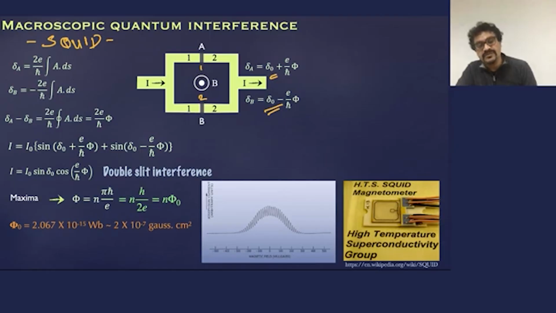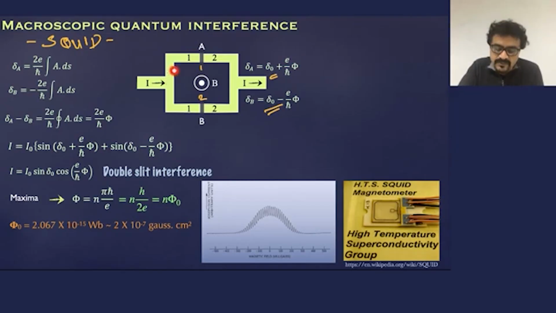Now you also have a phase that we learned from the Aharonov effect, that is an AB phase that depends on the magnetic field, and it is of this form, 2e by h bar, A dot ds. That is for the full travel around the ring, and A dot ds is phi, the flux enclosed in this ring.